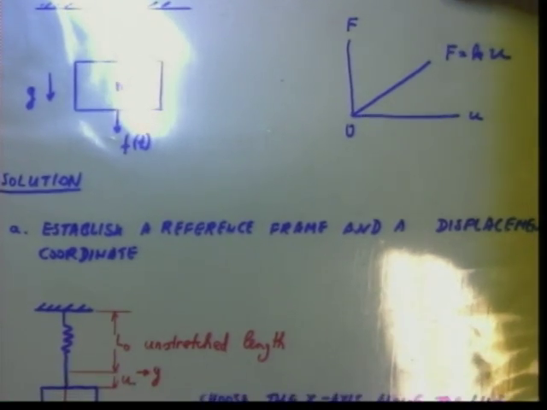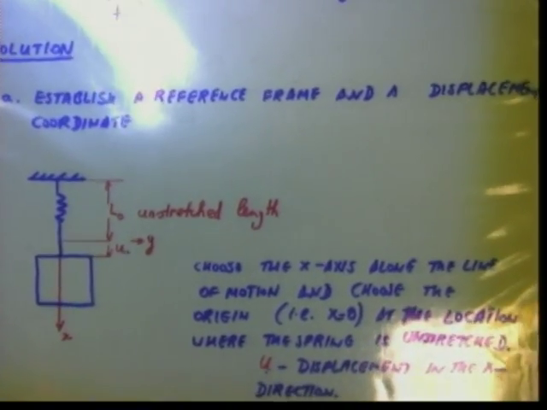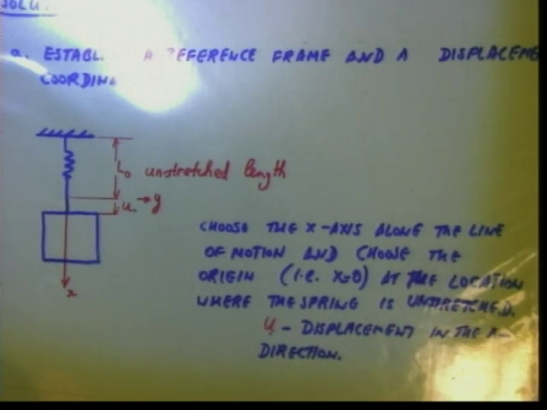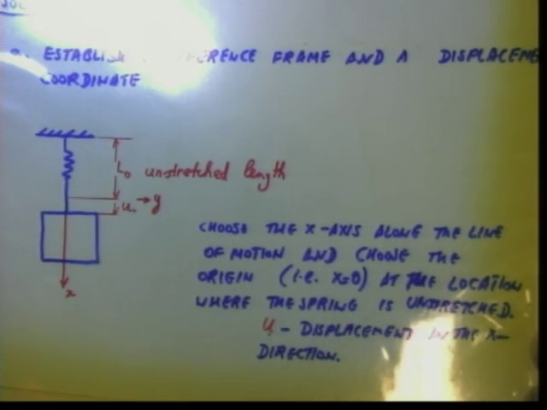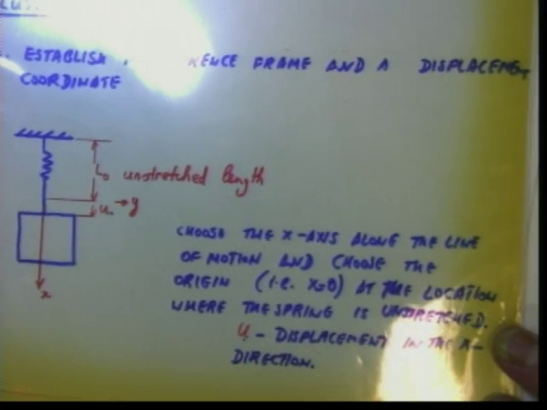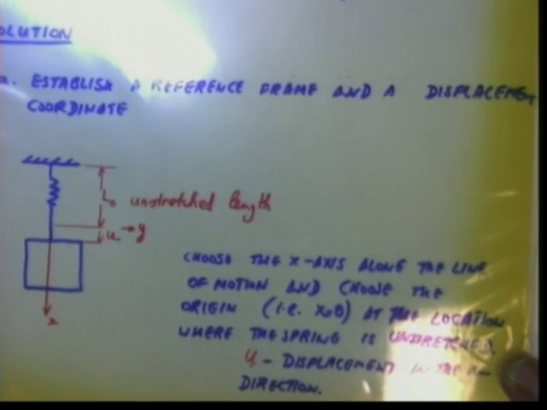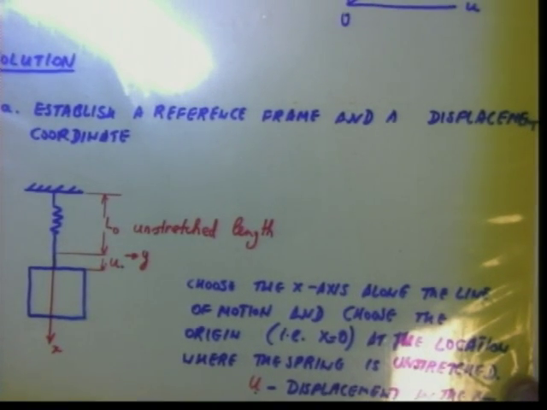Okay, now let us do as follows. What we have to do is, let us follow some recommendations. Establish the reference frame and the displacement coordinate. Establish a reference frame and a displacement coordinate.